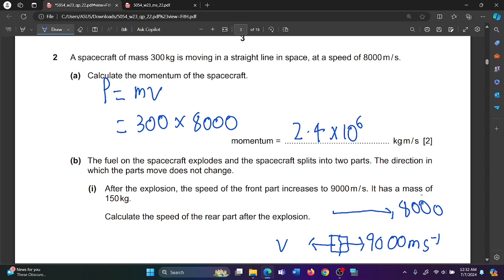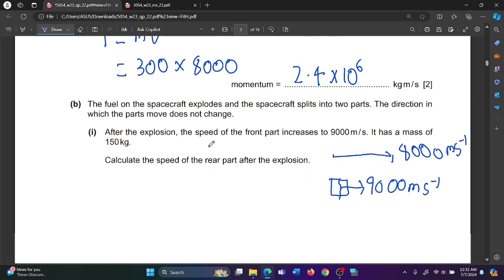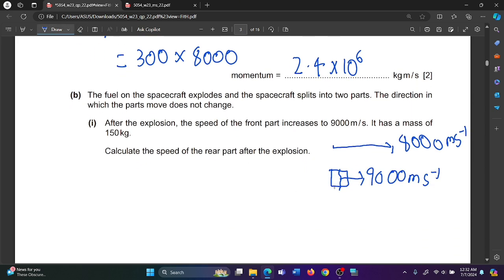Now we are just assuming it's moving towards the right. As the direction doesn't change, after the explosion the parts should also move towards the right. So this velocity v is also towards the right.